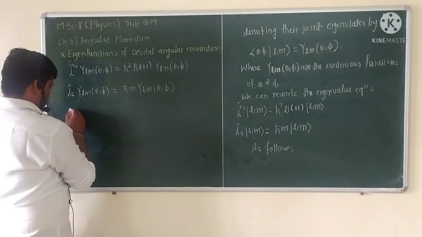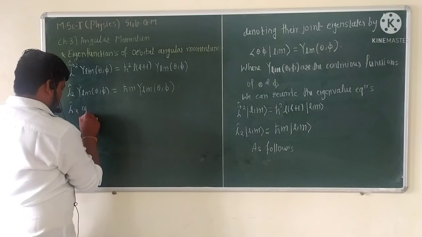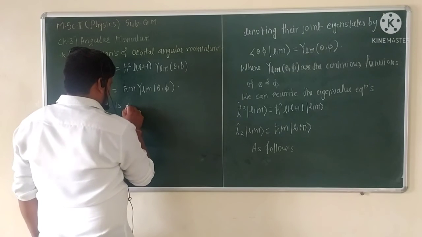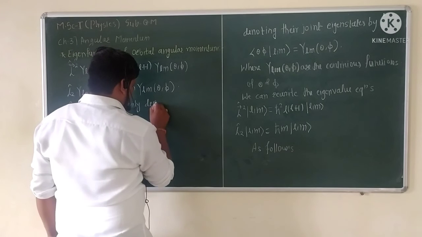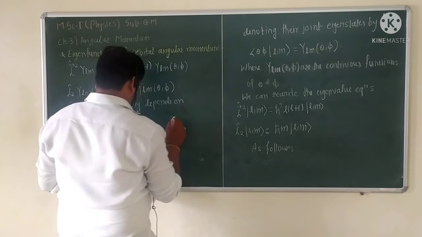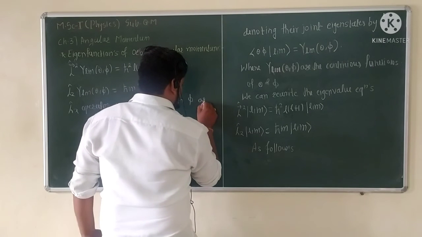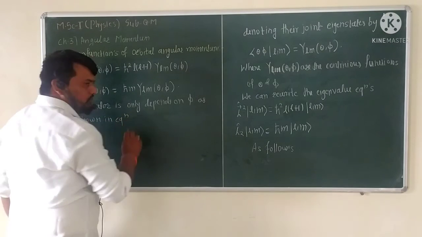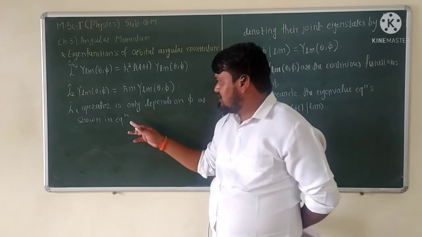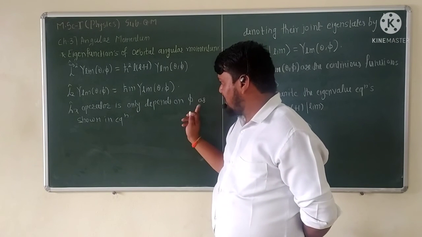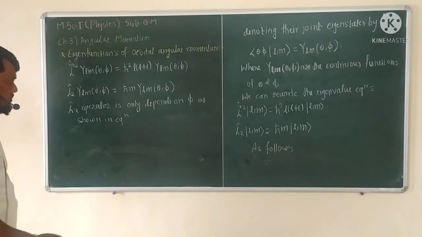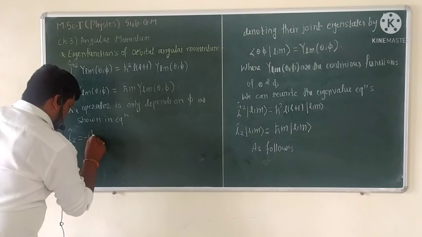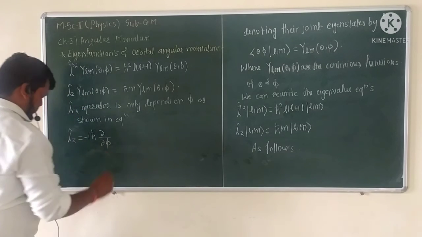We have to know that the Lz cap operator only depends on phi, as shown in the equation Lz cap is equal to minus i h cross dou by dou phi.